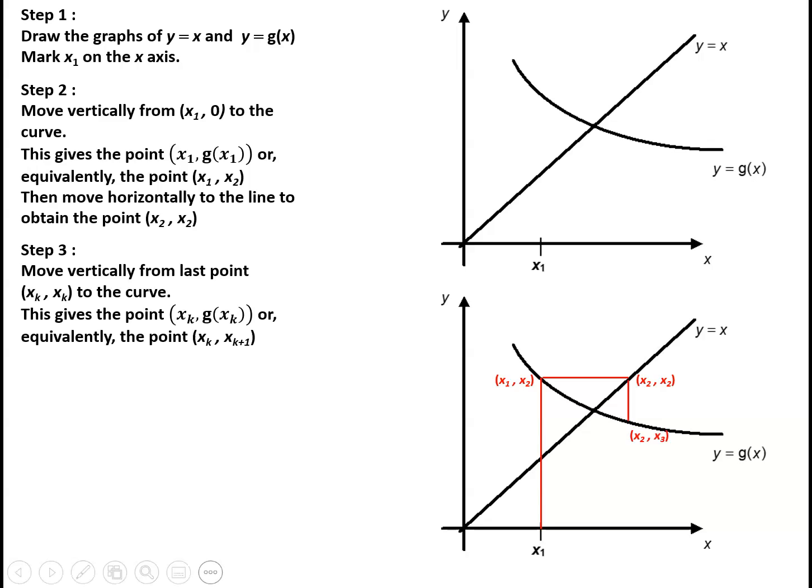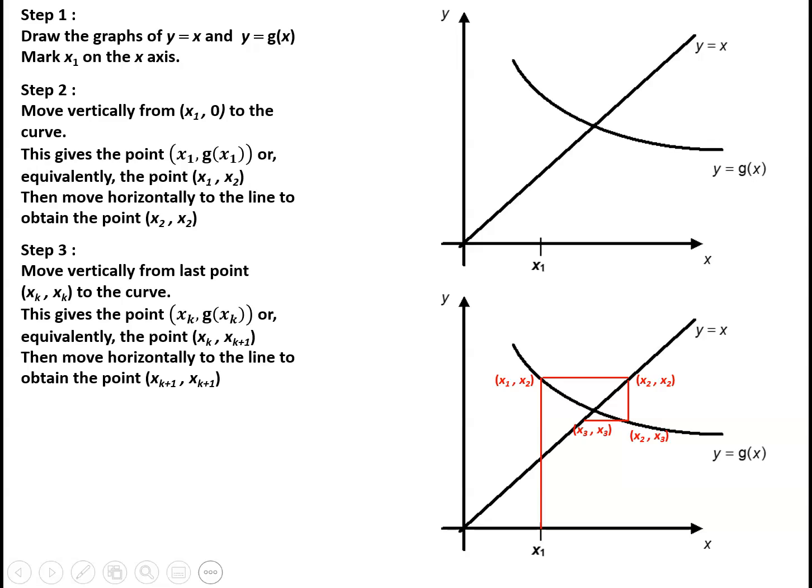So the point that I move to is (x_2, g(x_2)), in other words the point (x_2, x_3). We must then move horizontally to the line y = x, and moving horizontally again will keep the y coordinate fixed, the x coordinate will change, so we're going to end up at the point (x_3, x_3).